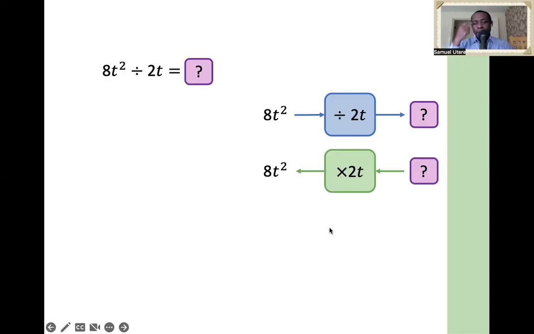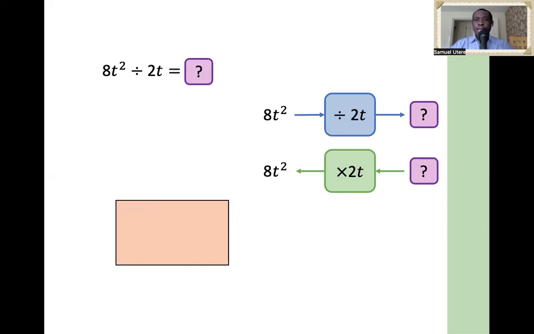So we're thinking about the solution from first principles, thinking, okay, can I actually figure out what that number could have been? Well, to do that, you could think about a rectangle. You could say, let me model this problem as a rectangle, thinking that 8t squared is the area, and 2t is part of what we know, because we know we have to multiply the length and the width to get the area.